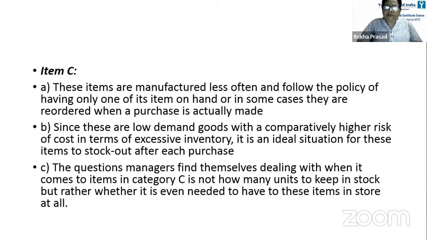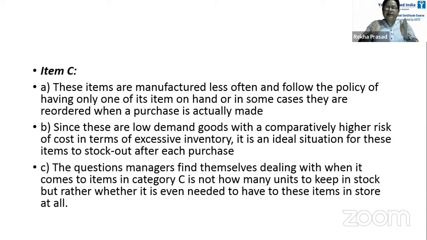So this is how any organization, whether they are dealing with their finished good or work in progress good or unfinished goods, raw material, they are categorized under A, B, and C according to their value and according to the quantity which is required. Generally in A, the quantity might be low, but the price will be high.